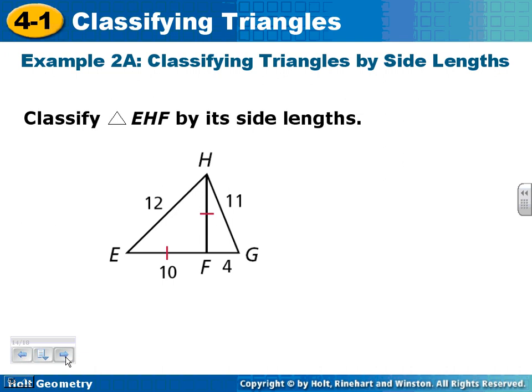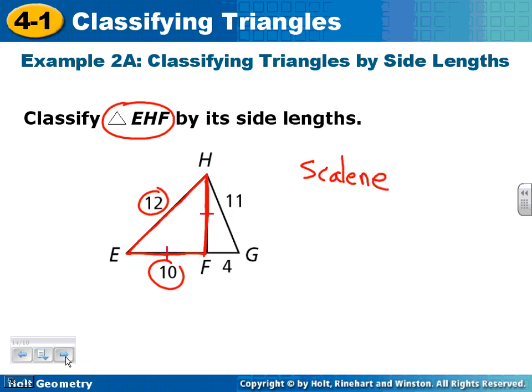Here's an example. Classify triangle EHF. Let's draw that in there. E to H to F. So that triangle over on the left. My sides are 10 and 12. Well, they're different. Well, this side over here, the vertical side would have to be different as well. Scalene.